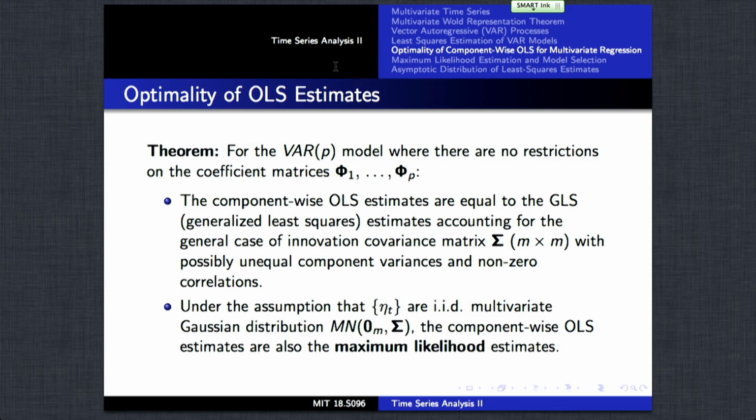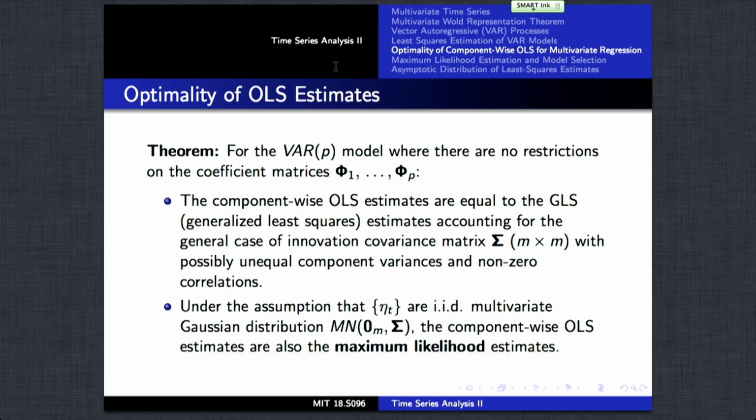If we're fitting a vector autoregression model where there are no constraints on the coefficient matrices, phi 1 through phi p, then these component-wise estimates, accounting for an arbitrary covariance matrix sigma for the innovations, are equal to the generalized least squares estimates of these underlying parameters.